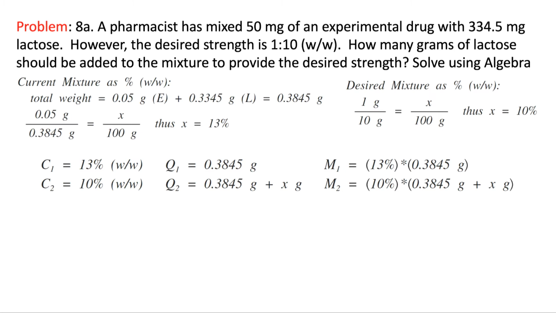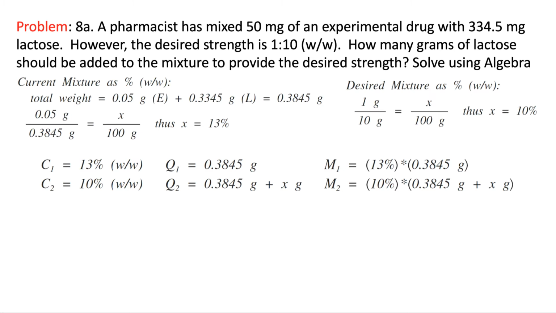Well, my desired concentration afterwards, my C2, is 10%. And my quantity afterwards, I don't know it, but I can predict it because it's going to be 0.3845 grams plus some X grams of lactose. X is what I'm solving for. It's the amount of additional lactose on top of what I started with, the 0.3845 grams.